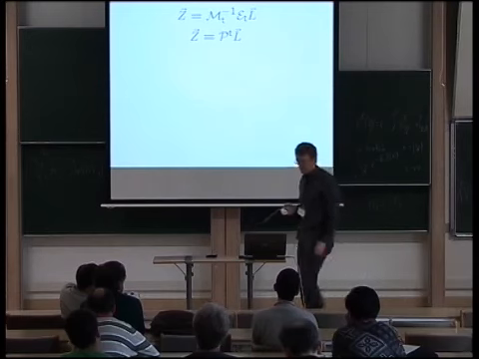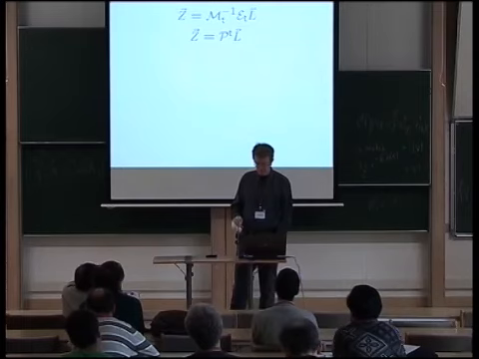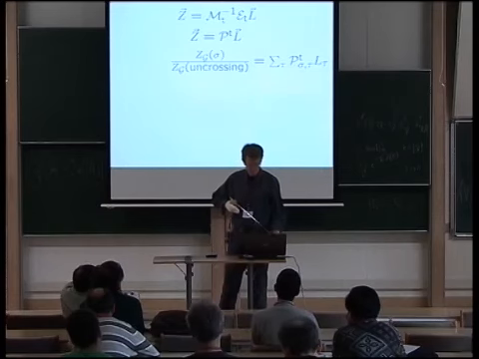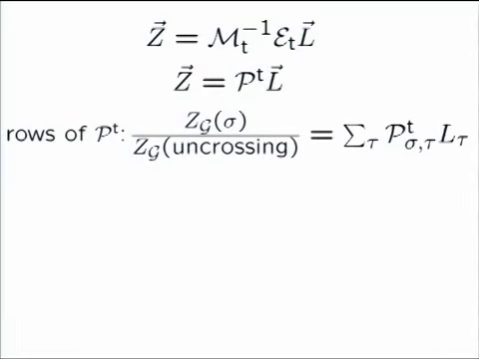But in fact, it's all integer valued. And the reason for that is there's an alternative way to compute P. Okay, so this is just recalling that the rows of this P matrix tell us how to compute the growth partition probabilities.